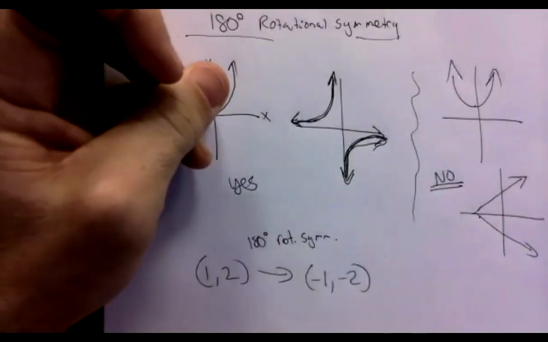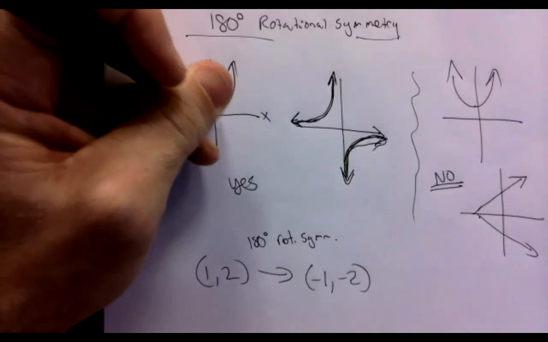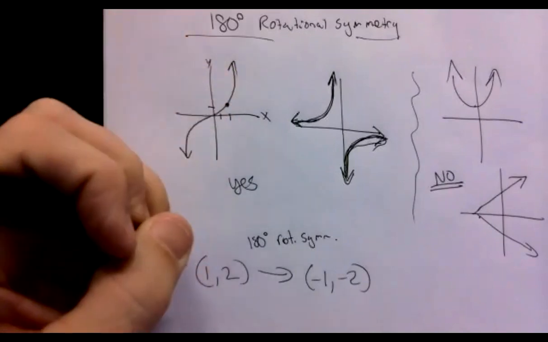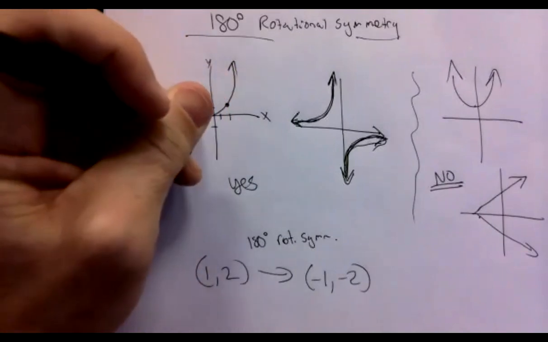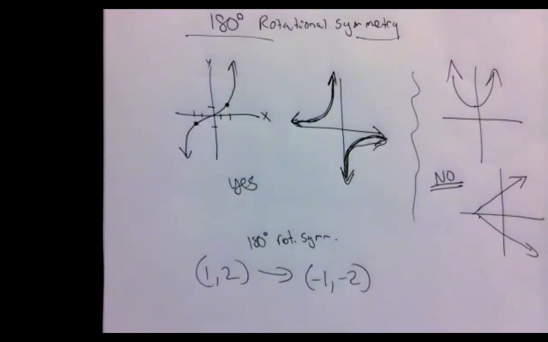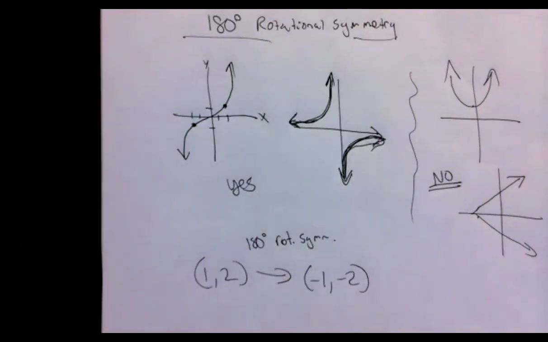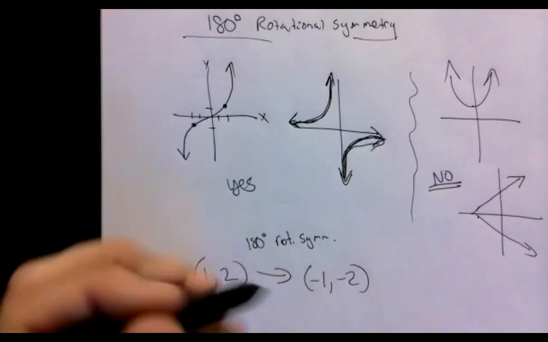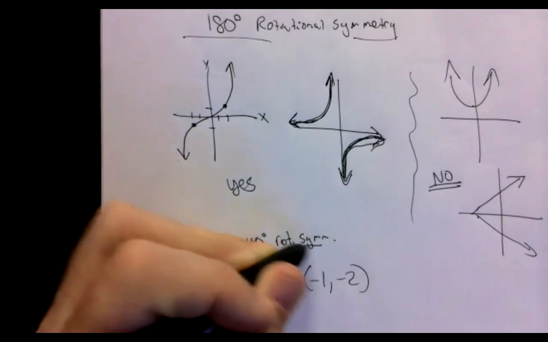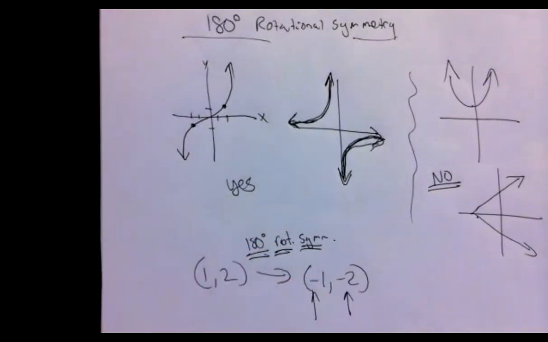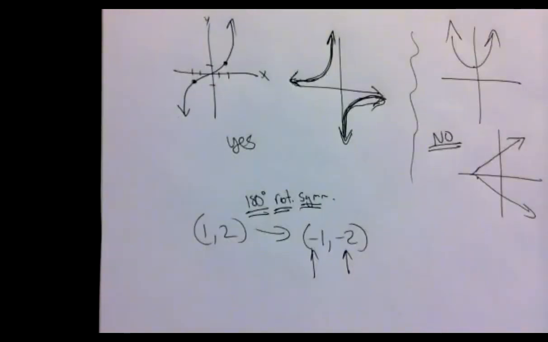So if this is the point 2, 1, then that's going to reflect to the point -2, -1. Or 1, 2 to -1, -2. Okay, so 180-degree rotational symmetry changes both signs.